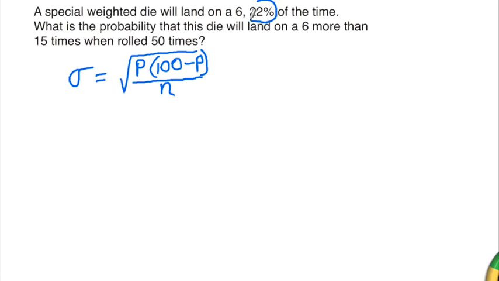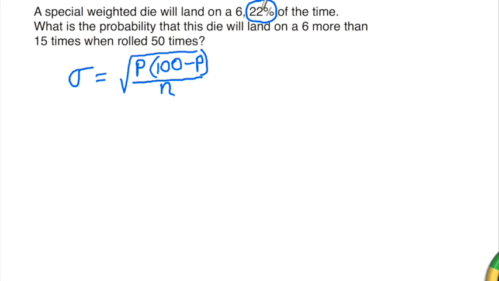So the probability here is this 22%. This is the constant probability that this thing is supposed to land on a 6, also known as experimental. Down here, landing on a 6 15 times when rolled 50 times is also a probability, but a specific one.